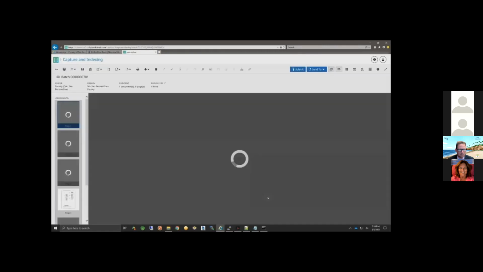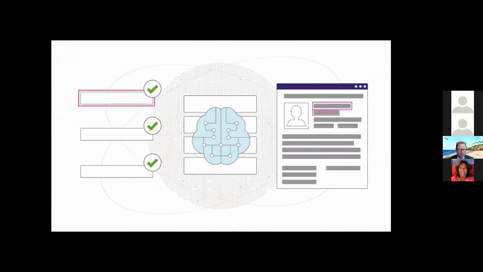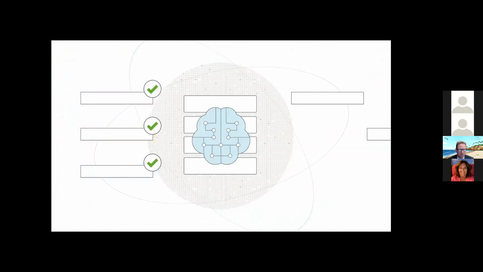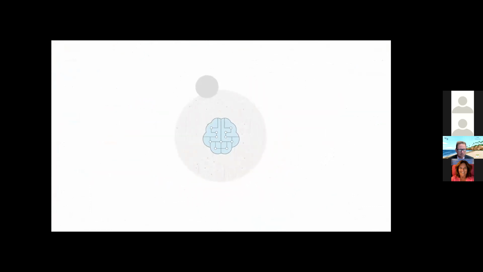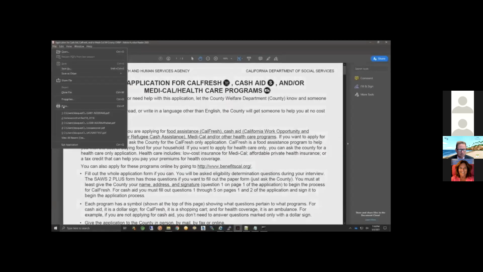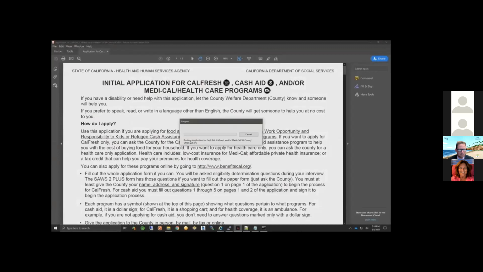Once submitted from QA, documents are immediately available on the case. Documents not generated from the CalSAWS application, such as verification documents, will be passed off to the Optical Character Recognition Engine, also known as Brainware, for classification. This engine classifies documents by extracting key data and by considering the structure and layout of the document. Additionally, the new virtual printer supports barcode detection, similar to scanning with a physical scanner.